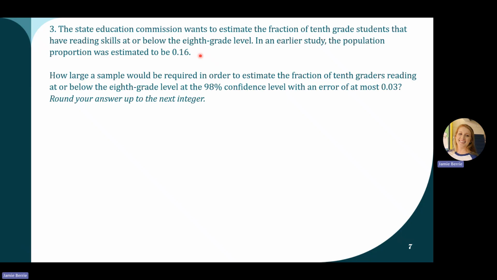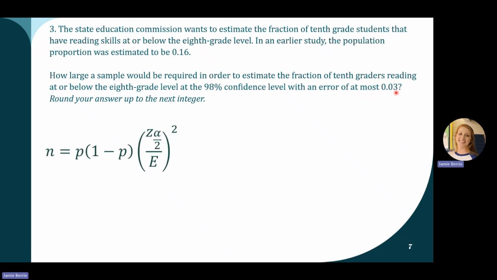And it says in an earlier study, the population proportion was estimated to be about 0.16 or 16%. If you wanted to do a new study, how large of a sample would you have to use to estimate the fraction of 10th graders reading at or below the 8th grade level at the 98% confidence level with an error of at most 0.03?